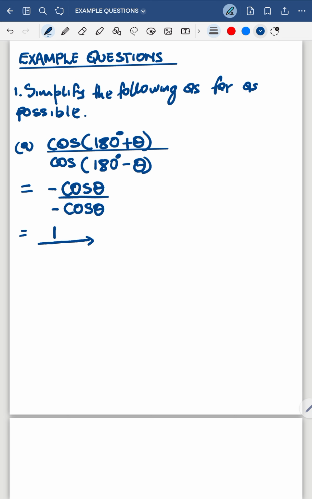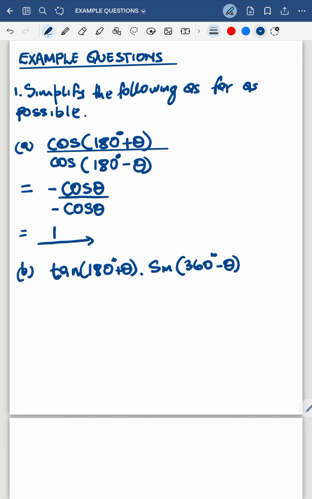Then again, let's have the second example question. So now let's say here you have tangent, open brackets, 180 degrees plus theta, close brackets. Then multiply by, that dot stands for multiplication, multiply by sine, open brackets, 360 degrees minus theta.